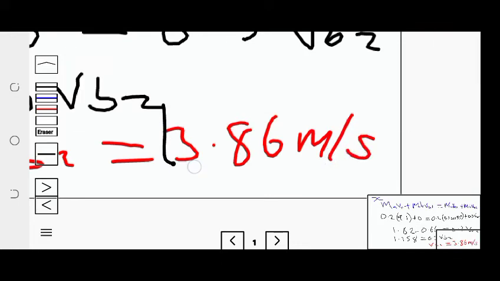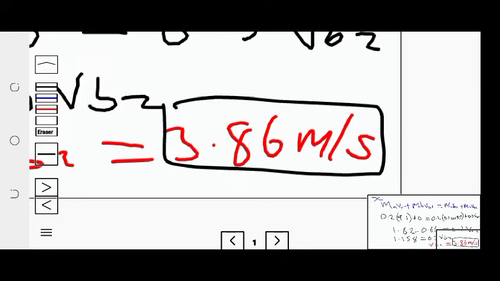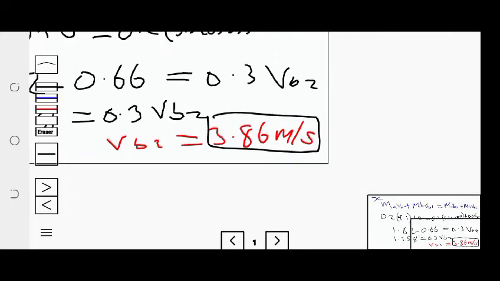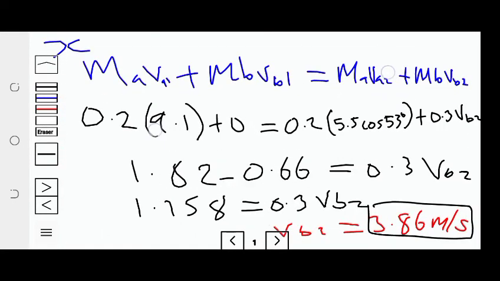So this is going to be the final velocity of the 0.3 kilogram puck in x.